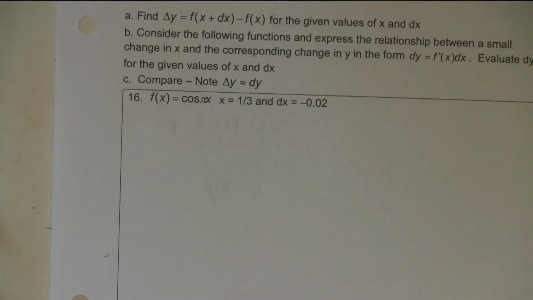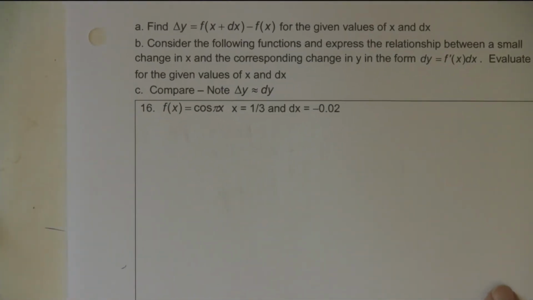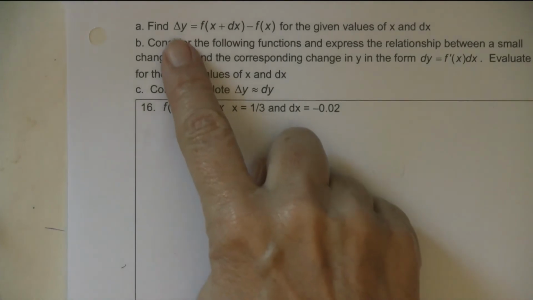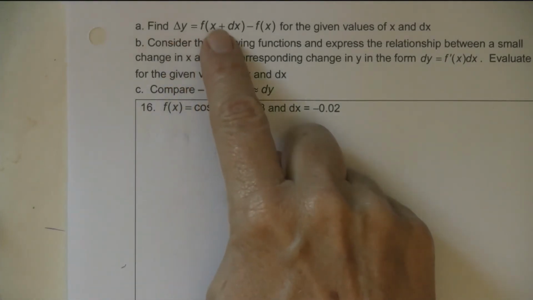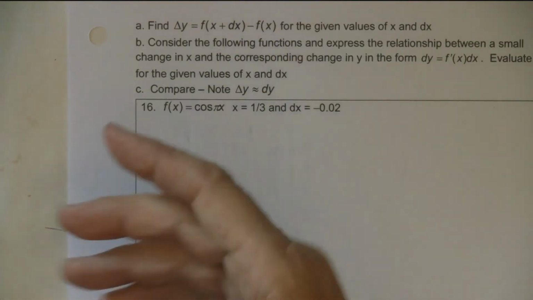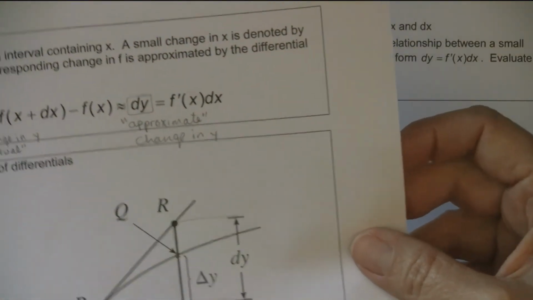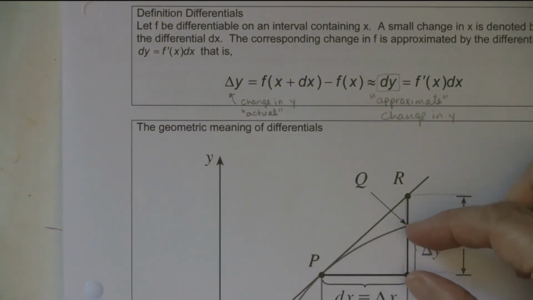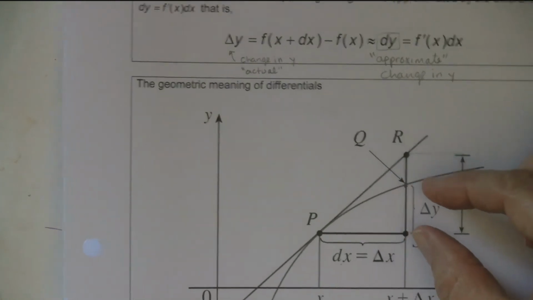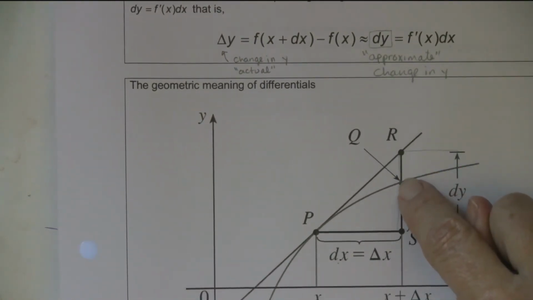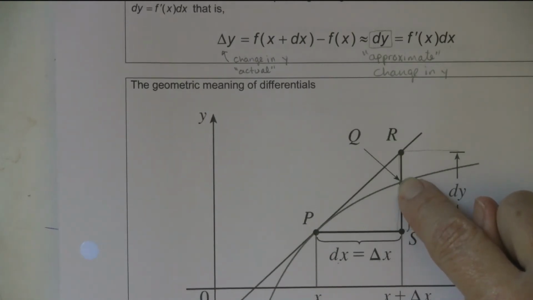Okay, we have one last question to do, and so delta y, this is the exact value of the change in y, and I realized that I hadn't said that, right? And so delta y, that right there, that's what delta y is, and this point right here is f of x plus dx.